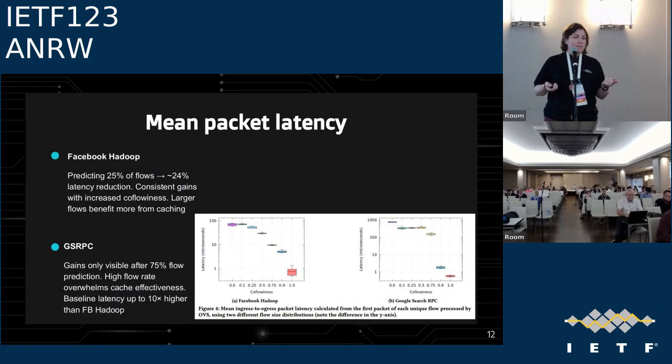So the first metric, as I said, we looked at latency, so the mean packet latency. We can see here on the x-axis, this is where we are testing different co-flow ratio levels. And we can see that the benefits with long-lived connections are much more prominent, I would say already from 25% preloading.